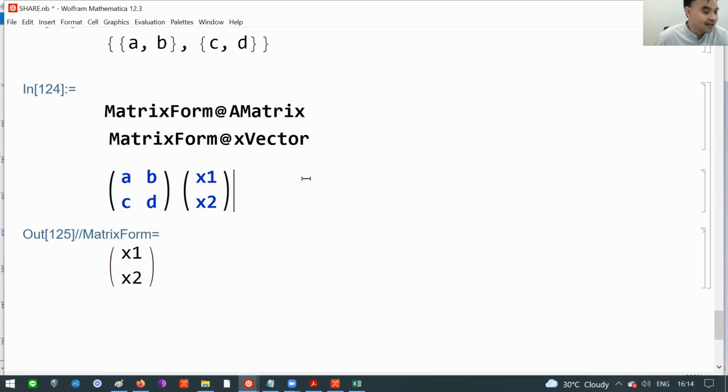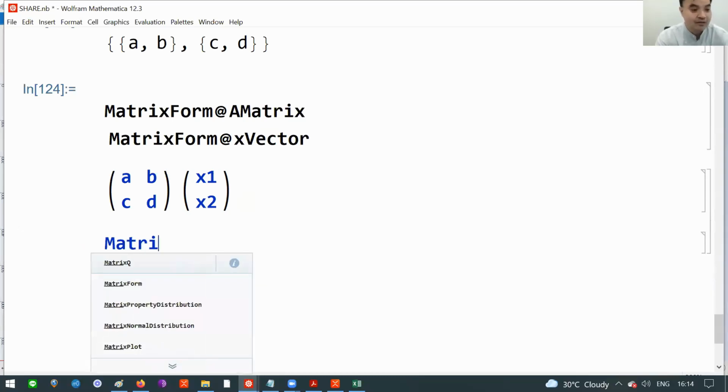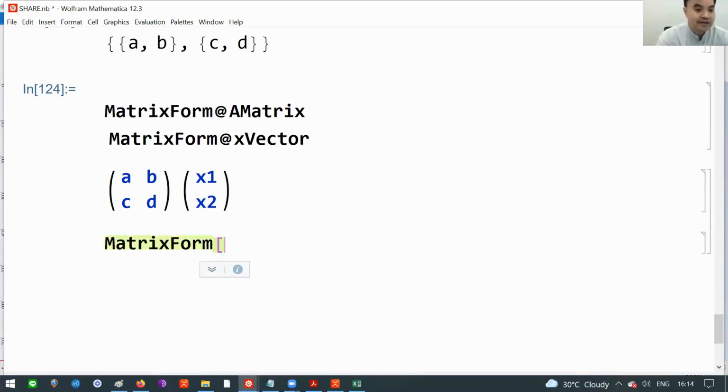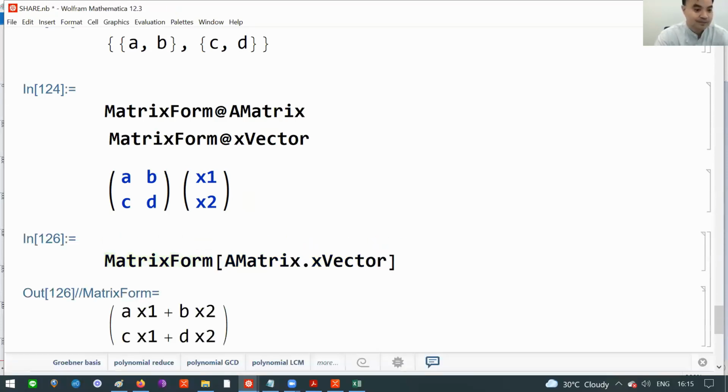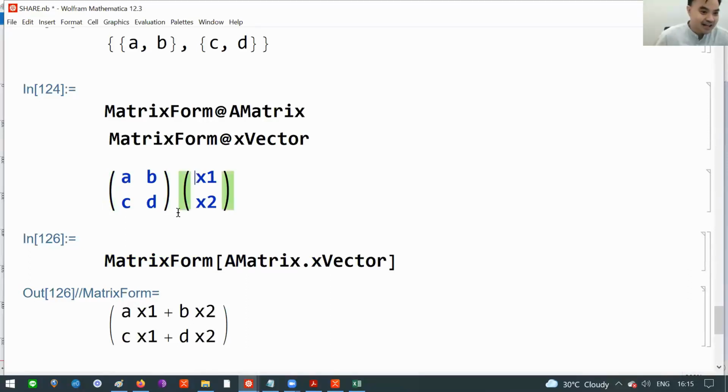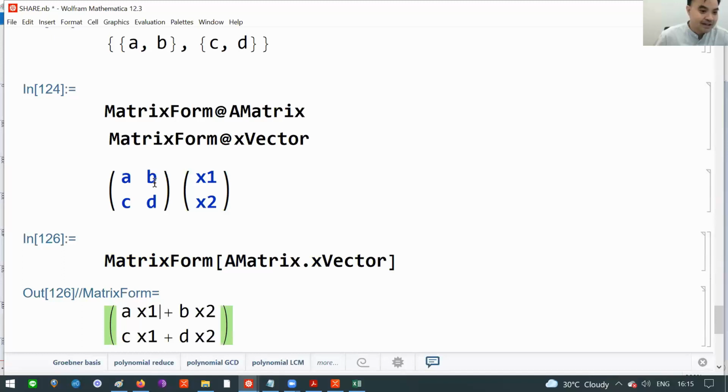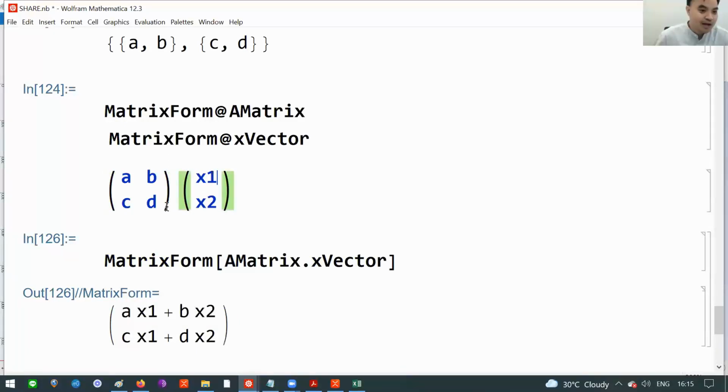Okay. Now watch. What I'm going to do is matrix form of A matrix dot x vector. See? a x1 plus b x2, put it on top. This is one number. c x1 plus d x2. This is another number.